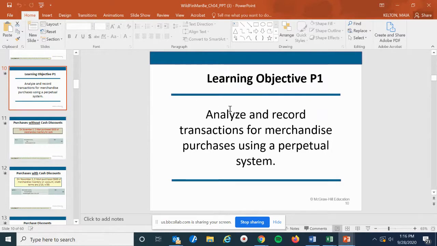So we're on step 1, the merchandiser's purchase of inventory. So we'll look at the journal entries here in the PowerPoint presentation.